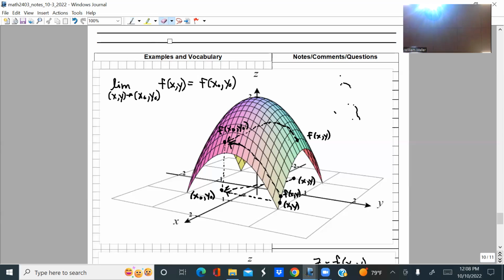Here's another direction, though. I just drew one other direction just for fun here. So let's look at coming in from this direction. That looks like I'm coming in on what line? It doesn't even look like that line. I was thinking maybe that was the 45-degree line.